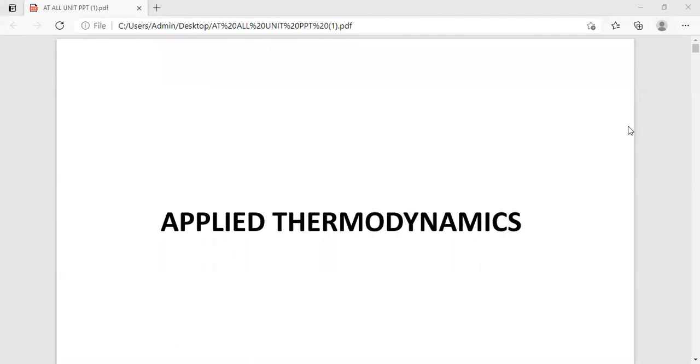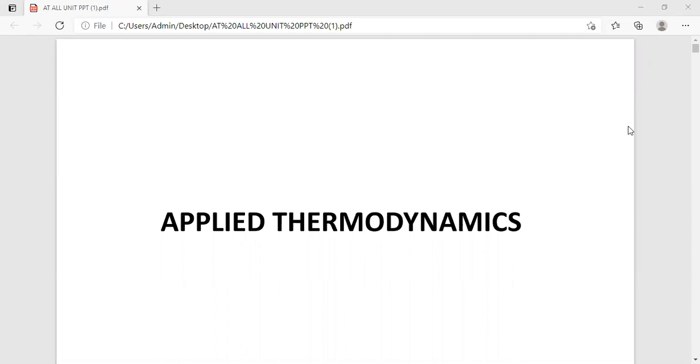This includes actual engine working, and some part of the compressor is also introduced in this syllabus.